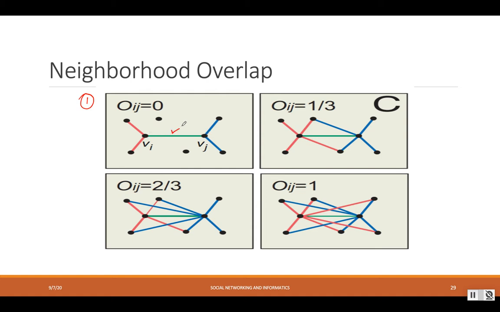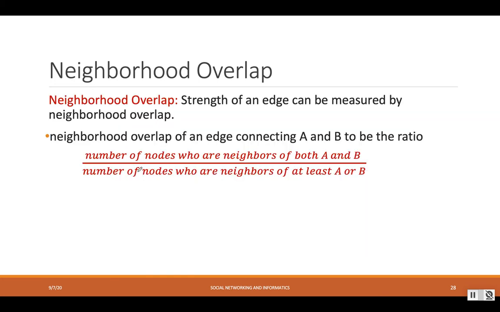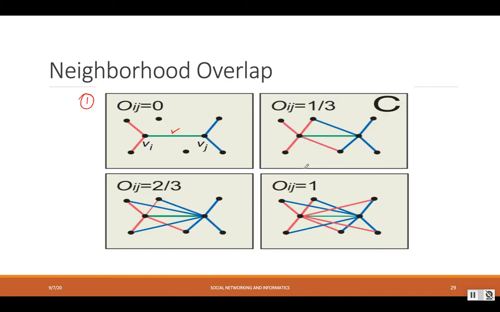For this edge, the number of nodes who are neighbors of both A and B, divided by the number of nodes who are neighbors of at least A or B. Here the number of nodes who are neighbors of both Vi and Vj, we don't have any mutual neighbor. We don't have any common neighbor, so the value is 0 over the total number of neighbors A or B has, say 1, 2, 3, 4, which is 0.